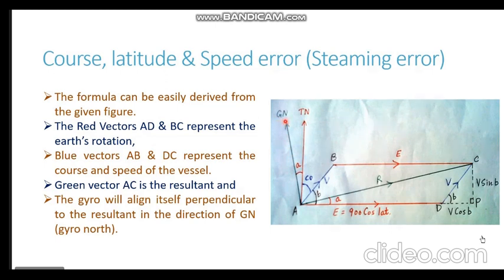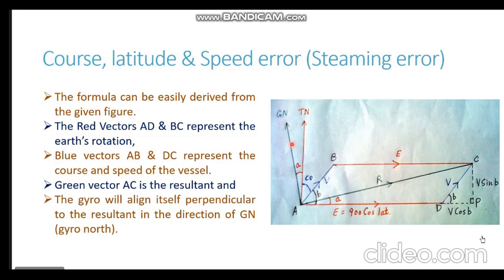GN represents gyro north. So the gyro aligns itself perpendicular to the resultant vector R and points in the direction of gyro north. We can see this gyro north vector in our diagram. This is the gyro north in this particular case.